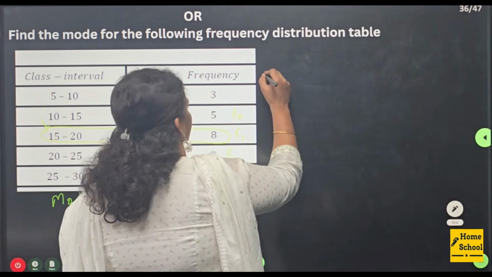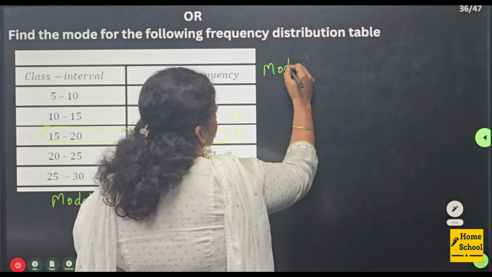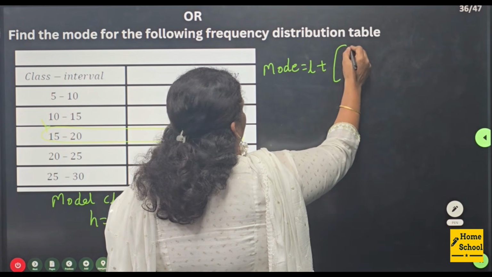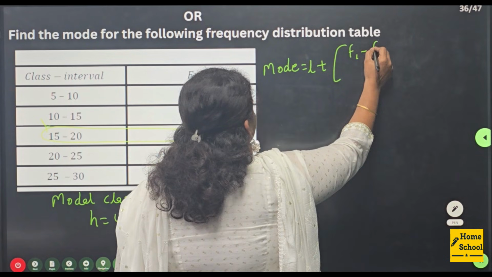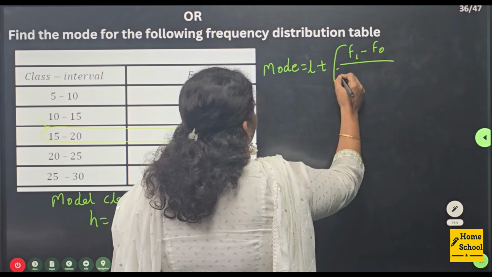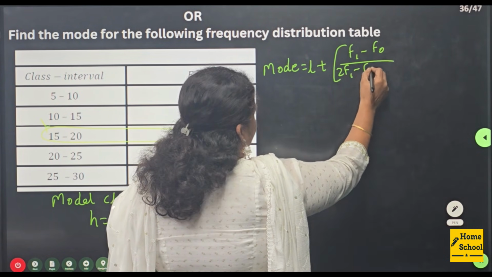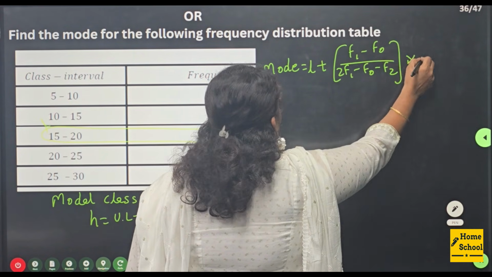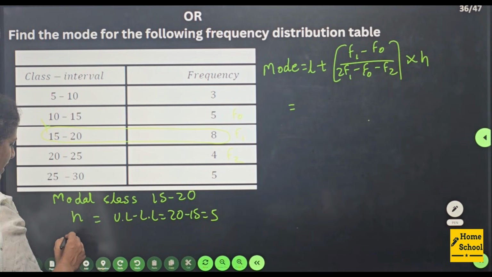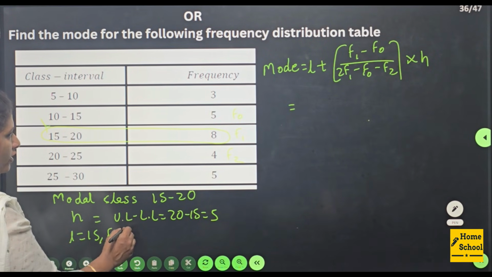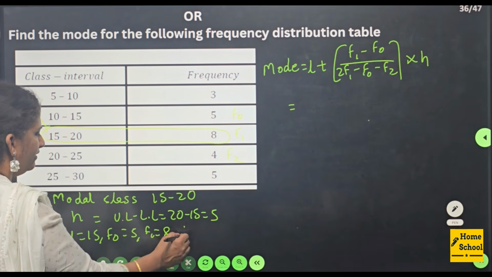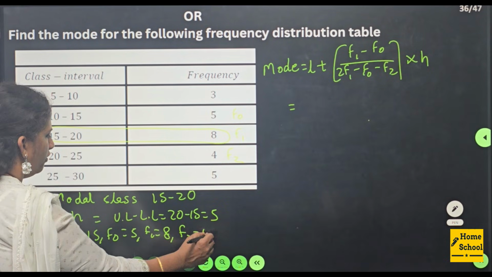Mode formula: Mode is equal to L plus F1 minus F0 by 2F1 minus F0 minus F2 into H. Now observing the modal class, write L is equal to 15, F0 is equal to 5, F1 is equal to 8, F2 is equal to 4.